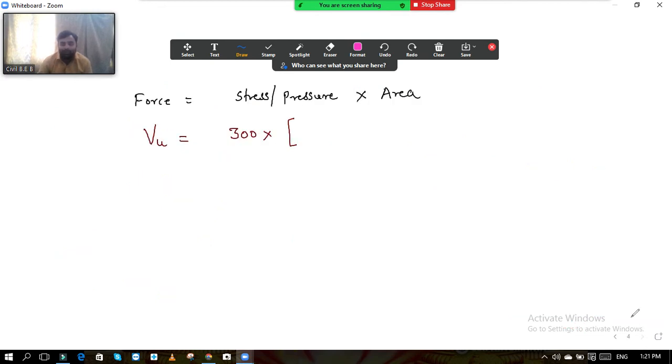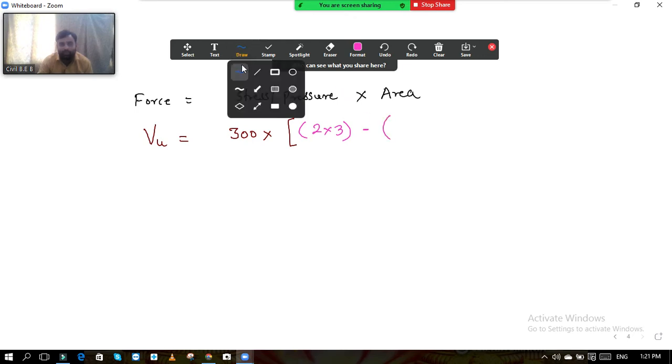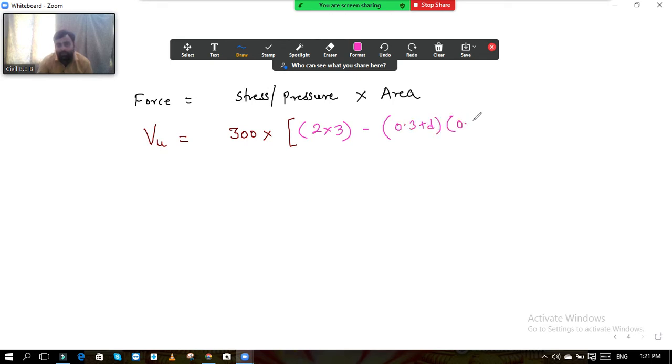Okay, so now if I write over here, it is 2 meter by 3 meter, that is the area of footing, minus what we will do now, two dimensions, it is 0.3 plus d into 0.5 plus d. Okay, and here the minus sign is there, remember this. Here I will draw one more bracket, it is like this, in this way.